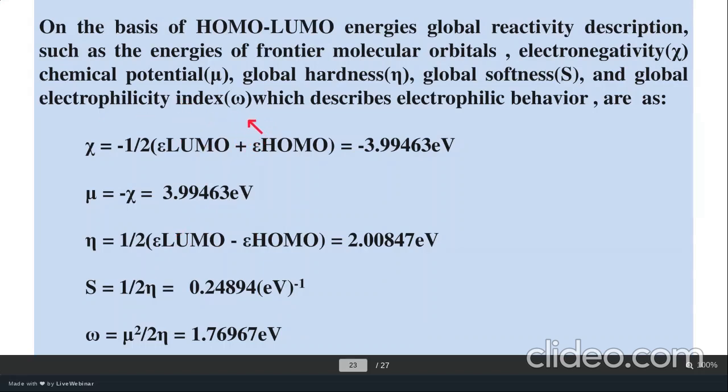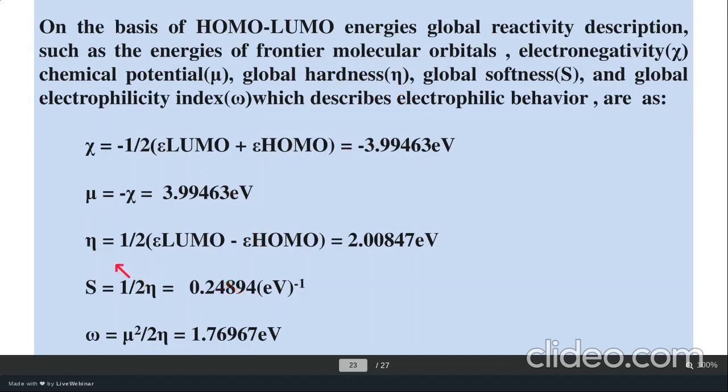Actually, according to these terms, the global hardness is the resistance of the electron cloud of the atomic and molecular system under a small perturbation of the electric field. Simply, we can introduce the global hardness and the global softness.